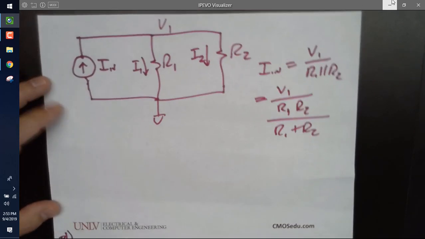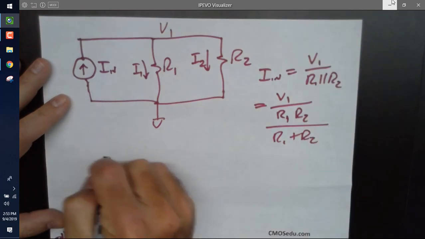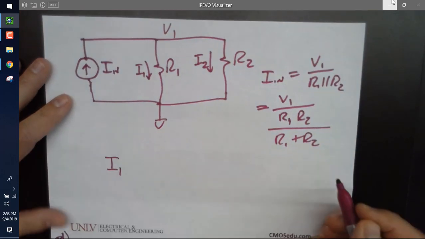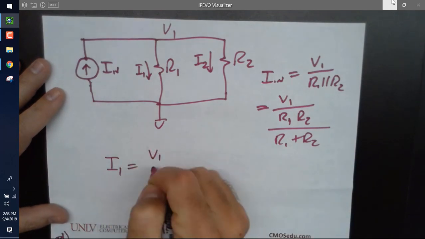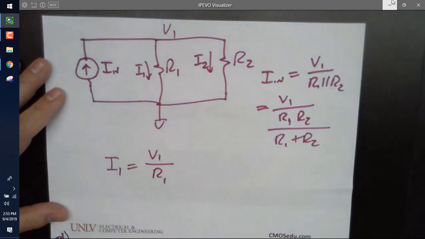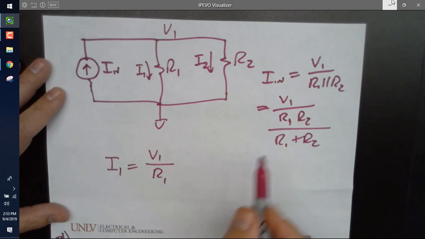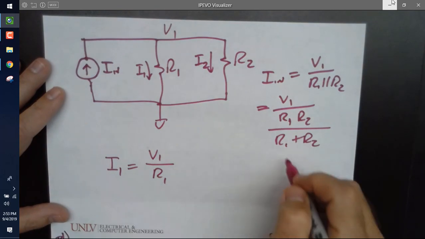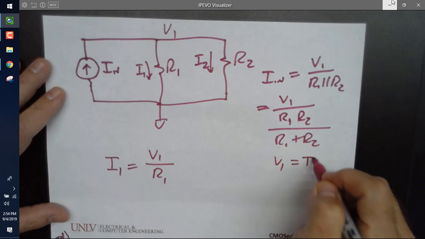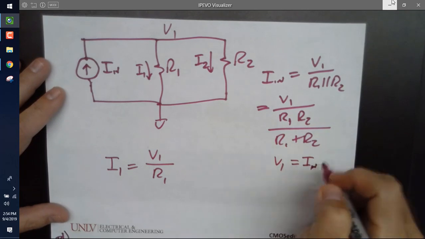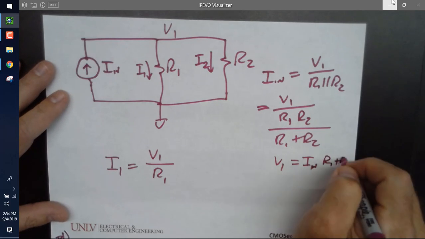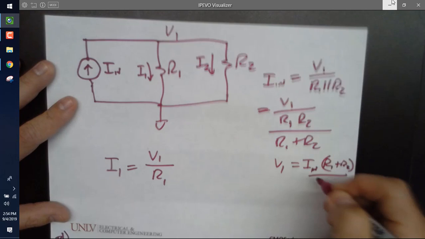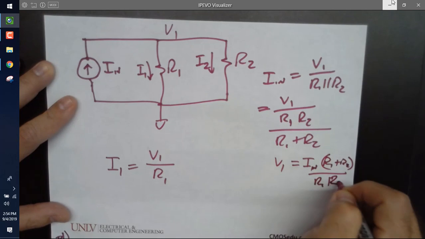All right, so let's say I want to find I1. What is I1 again? V1 over R1. And if I solve for V1 here, don't I get V1 is equal to IN times R1 plus R2 all over R1 times R2? Anybody agree with that?